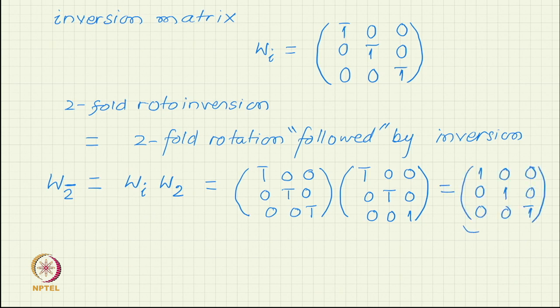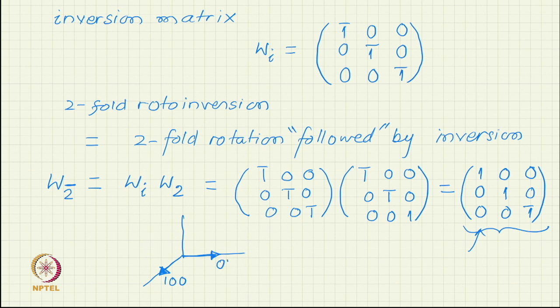Now interpret this matrix. So this is the two-fold roto-inversion matrix. Now if I again interpret in the same way, the first column was telling me what happens to 100. So nothing happens to 100. So this matrix leaves 100 unchanged. 100 remains where it was because the first column is 100. The second column remains unchanged.